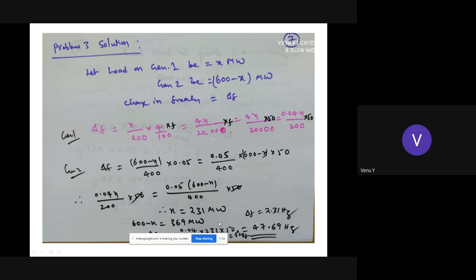So both are sharing the load as per the rating, and delta f will be 2 hertz only, and f is equal to 48 hertz.